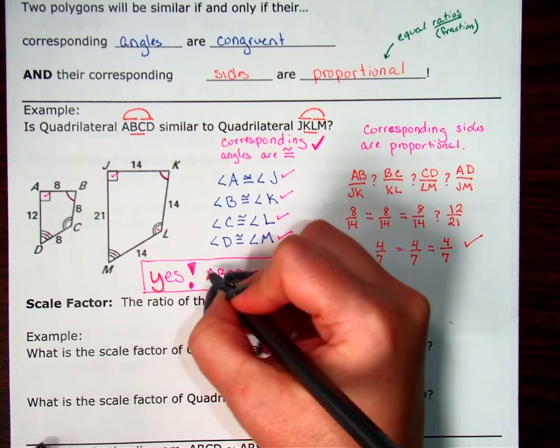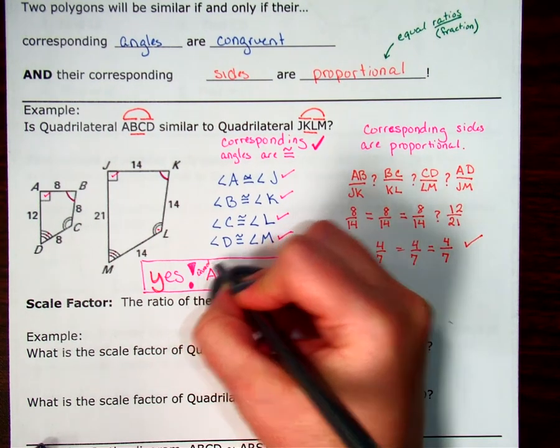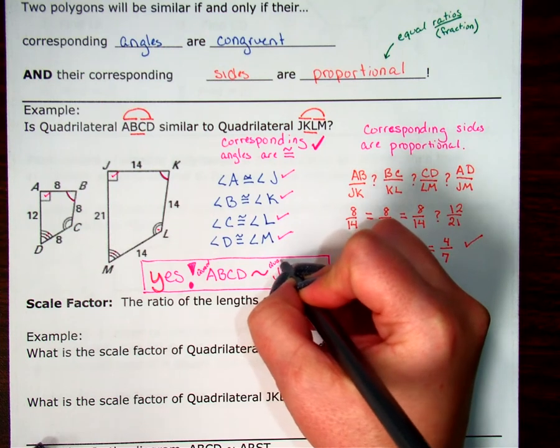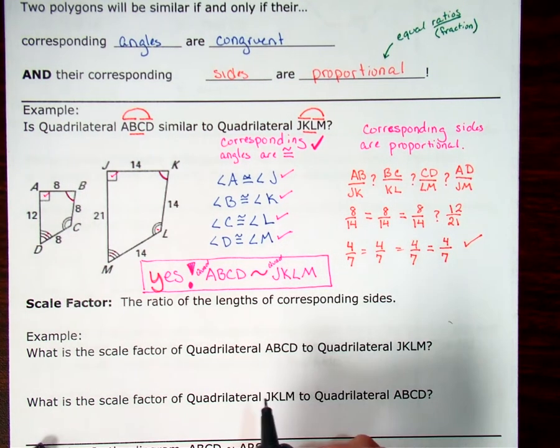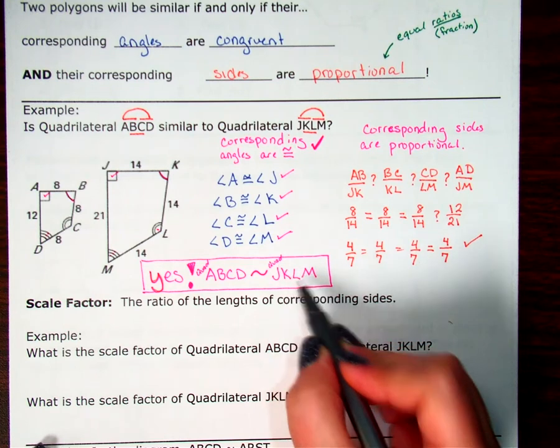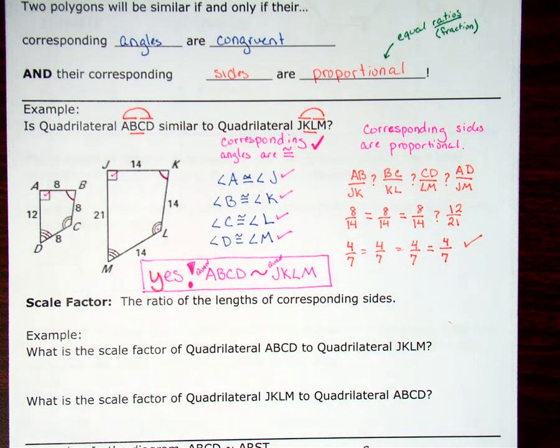And we probably should write the word quadrilateral in front, right? I just kind of don't have a lot of room on my notes. Quadrilateral ABCD is similar to quadrilateral JKLM.